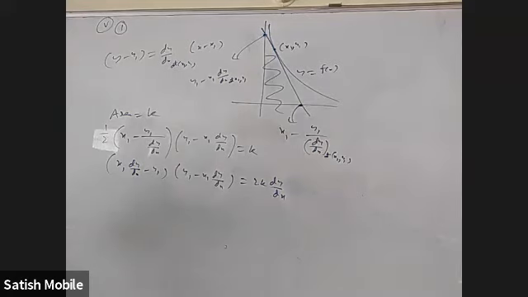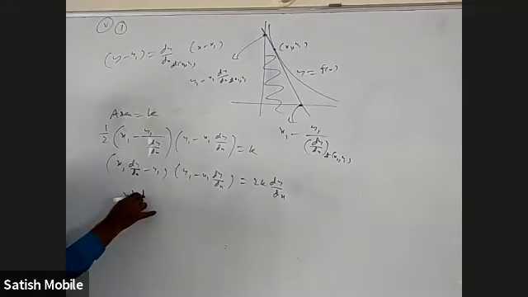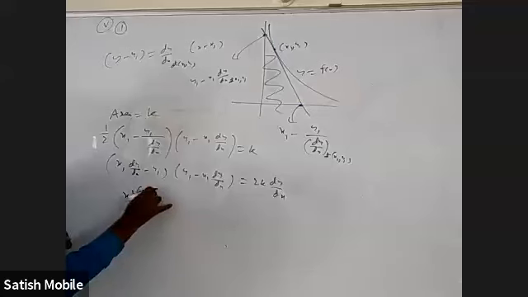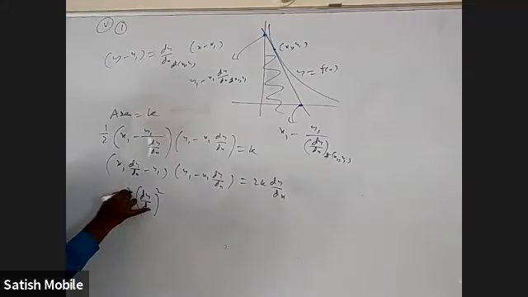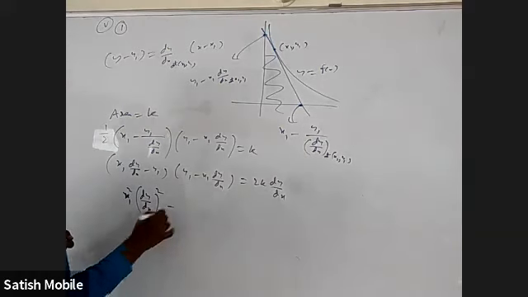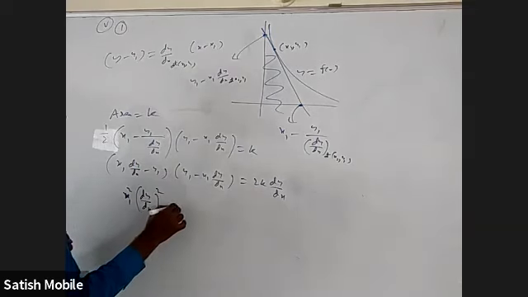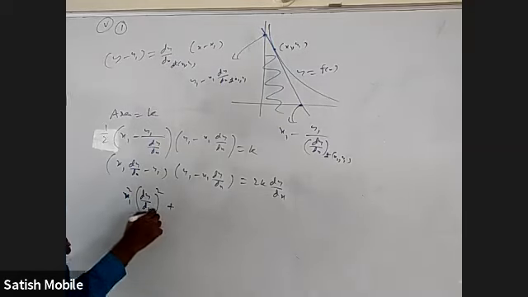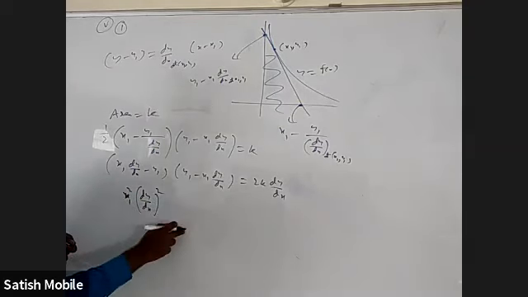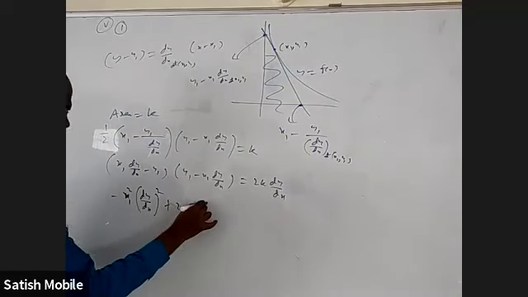I don't want to apply square root. Okay, let me just expand and send to the other side. I'll get x1 square dy by dx whole square, minus, plus 2x1 y1 dy by dx.